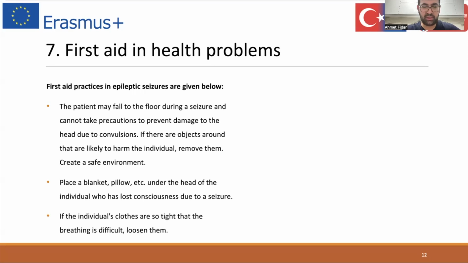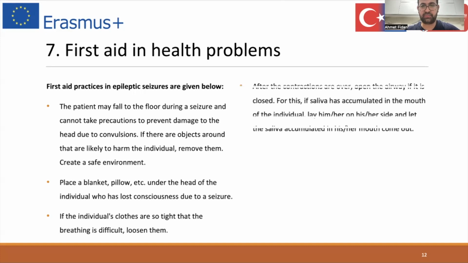If the individual's clothes are so tight that the breathing is difficult, loosen them. After the contractions are over, open the airway if it is closed. For this, if saliva has accumulated in the mouth of the individual, lay him or her on their side and let the saliva accumulated in the mouth come out.